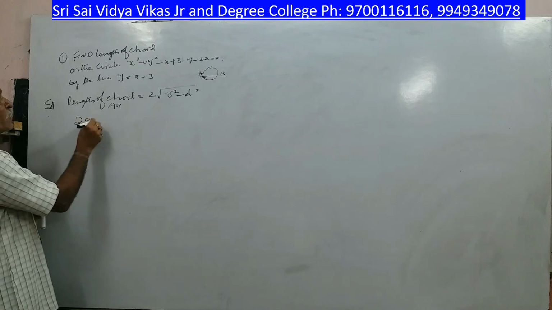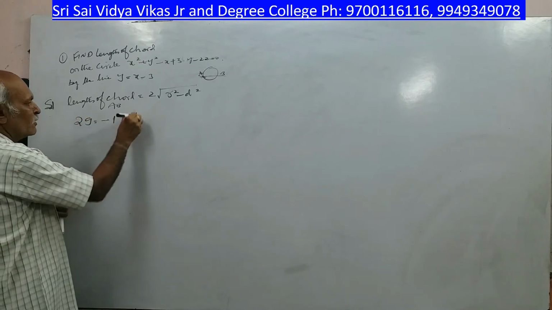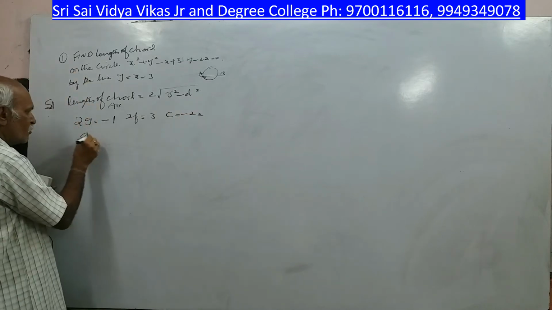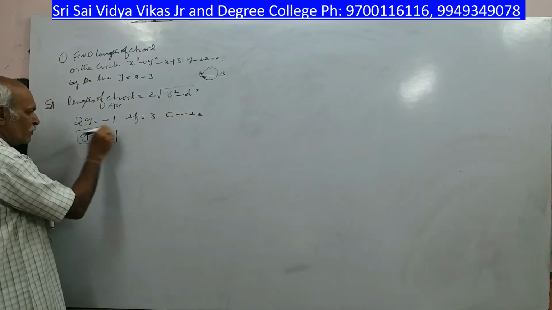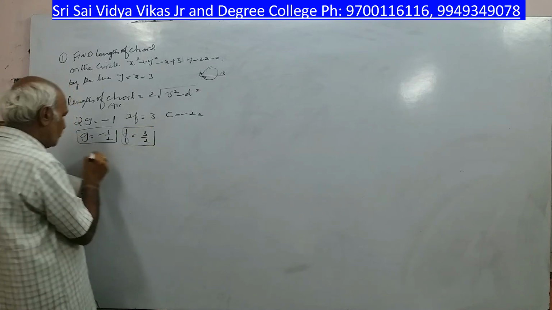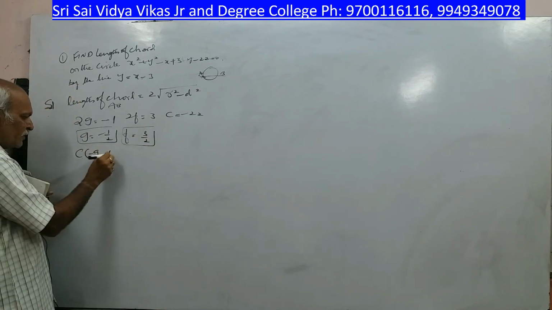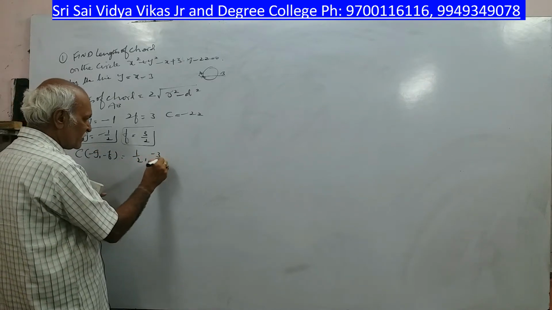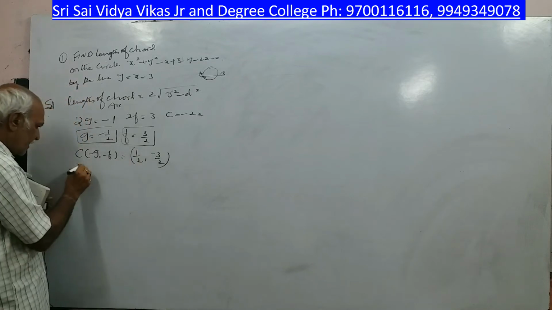So what is the 2g value? Minus 1. 2f is equal to 3. C is equal to minus 22. What is the g value? Minus 1 by 2. F value 3 by 2. And what is the center? Minus g comma minus f. So 1 by 2 comma minus 3 by 2. And what is the radius?